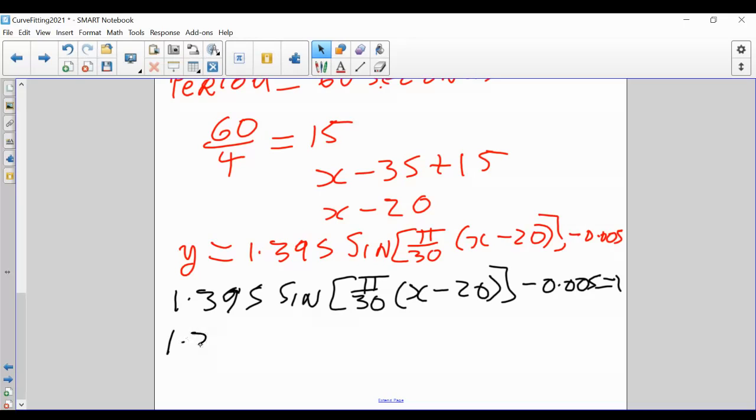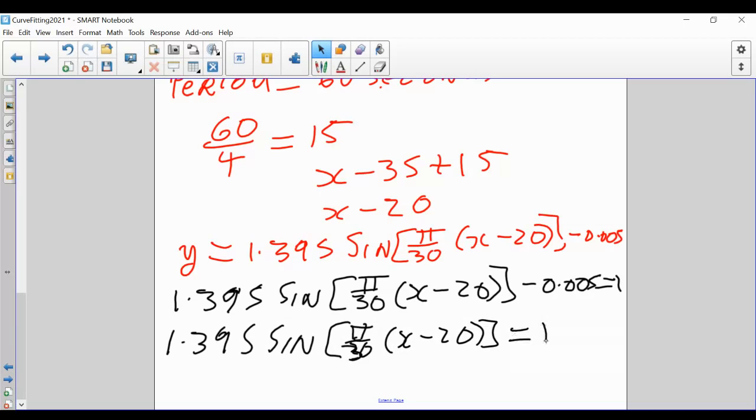Move the 0.005 over, absolutely, so we'll do that. So 1.395 sine of pi over 30 x minus 20 is equal to 1.005. I just simply added that 0.005 to the right-hand side. Thank you, Hussein, and thank you, Quinn.